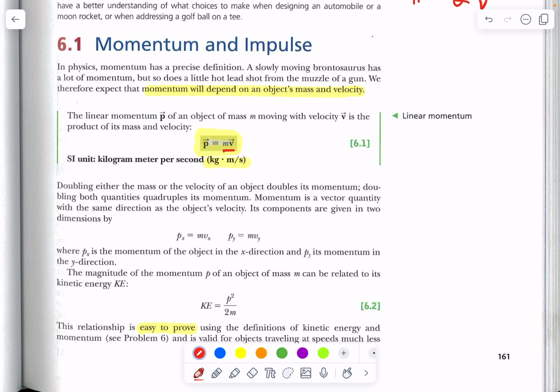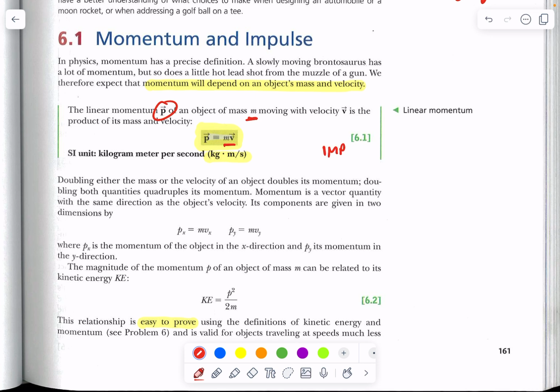Now we use the letter P to stand for momentum, because the letter M is used for too many other things, especially mass. And it might be, and I'm not sure this is the case, but later on when we see the word impulse, maybe the letter P comes from the word impulse, because impulse is related to momentum. That's just a hypothesis on my part.